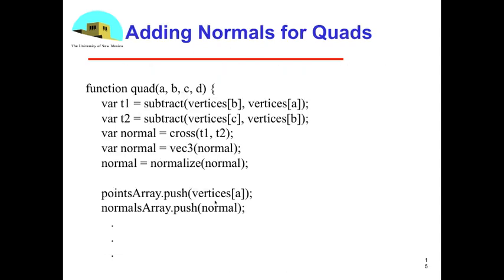Okay, what about the normals? Well, here's a little function that can use the MV.js to help you compute the normals. This is exactly what we had before. The quad function we've been using gives 4 vertices, and it generates 2 triangles from that. You can have it generate a triangle strip, a triangle fan, or just 2 separate triangles.